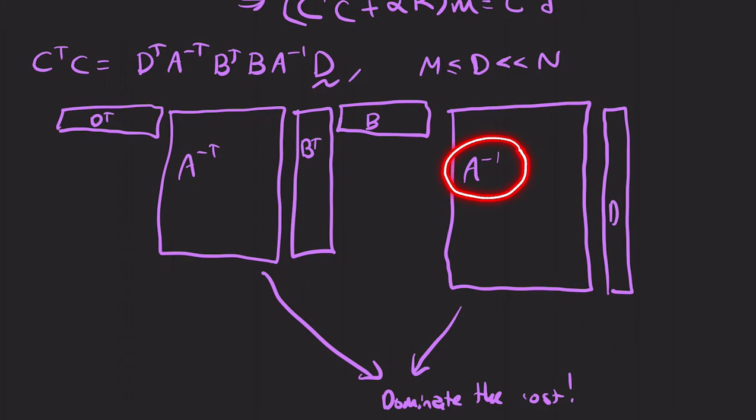You need this A inverse, and if we want to compute the full Hessian, C transpose C, we have both of these. So in computing for each basis vector, we have to compute 2 PDE solves.